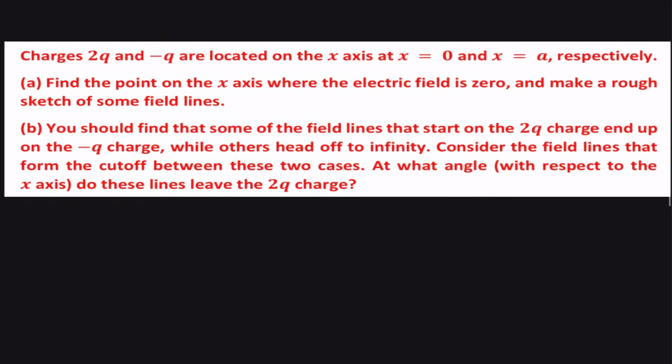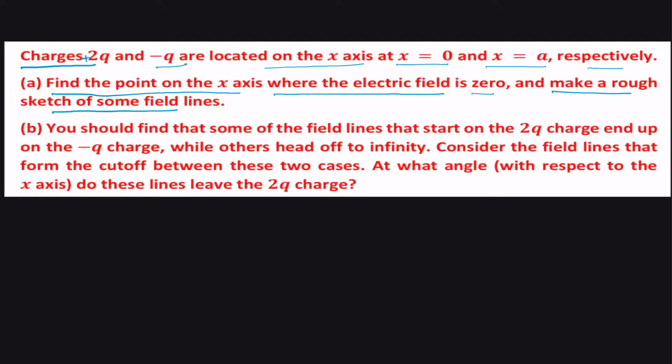It states that charges plus 2q and minus q are located on the x-axis at x equals 0 and x equals a respectively. Find the point on the x-axis where the electric field is 0 and make a rough sketch of some of the field lines.